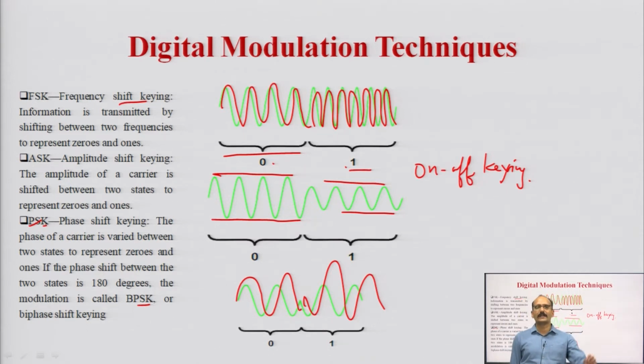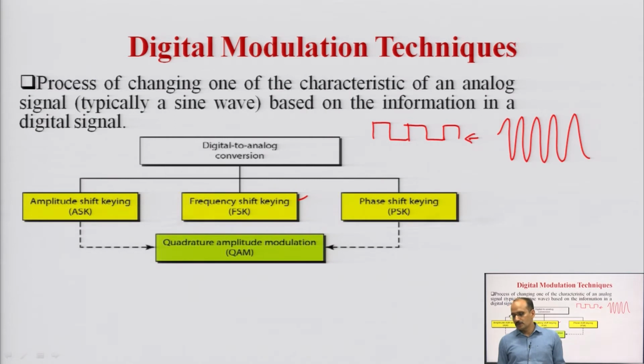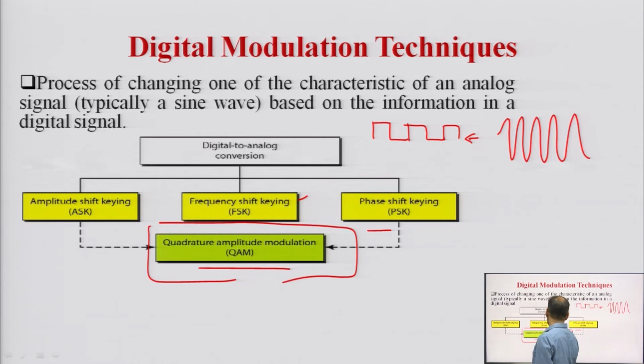That is why the bits are working as the keys and any parameter of the carrier, amplitude, phase or frequency, is shifting. In the digital modulation techniques, some combination of these is also there, and that is quadrature amplitude modulation. Basically this quadrature amplitude modulation has the properties of both PSK and ASK.